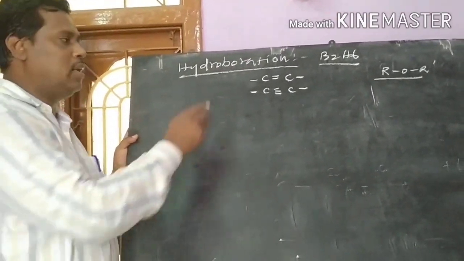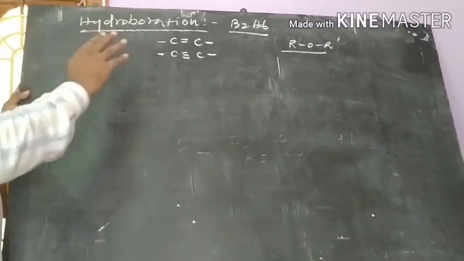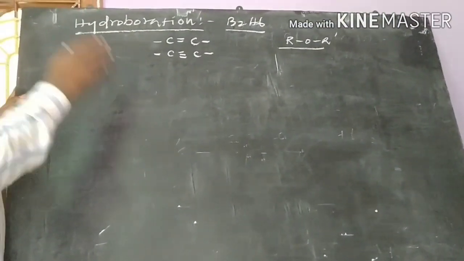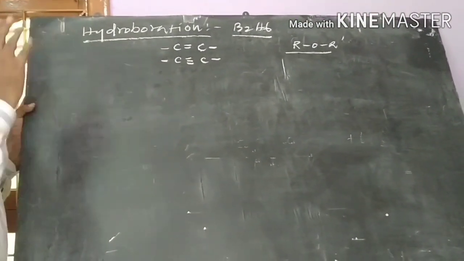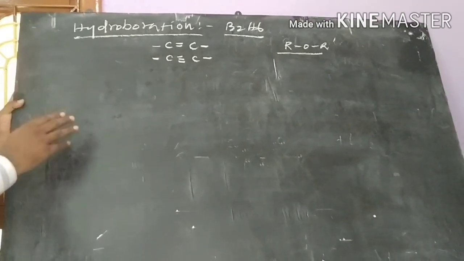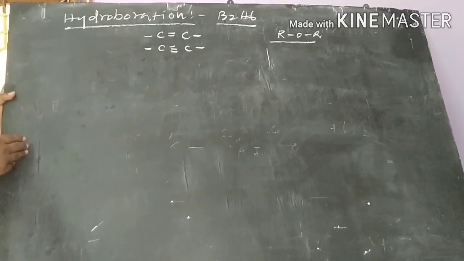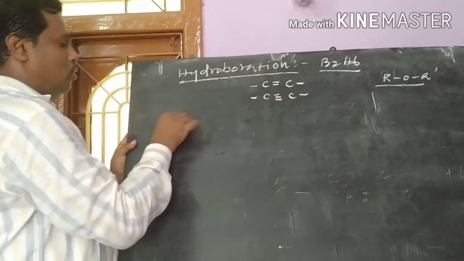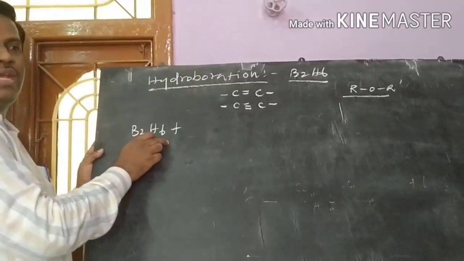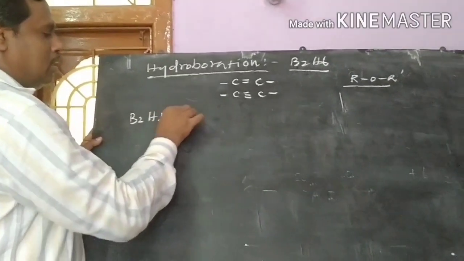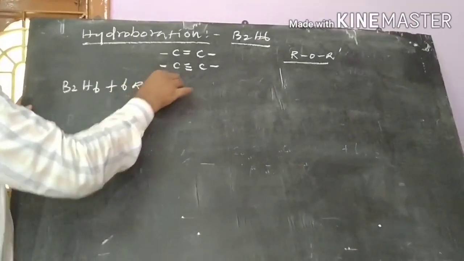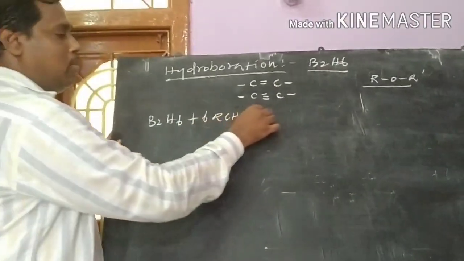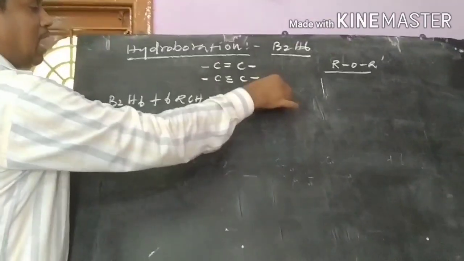Highly used in synthetic organic chemistry, especially for the anti-Markovnikov rule. நம்ம 11th பார்த்தது தான் Markovnikov and anti-Markovnikov rule. Okay, addition. So diborane B2H6, 6 moles of RCH double bond CHR, that is alkene.